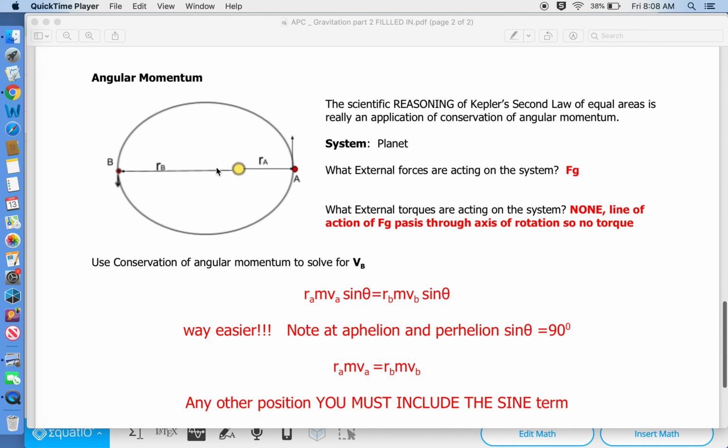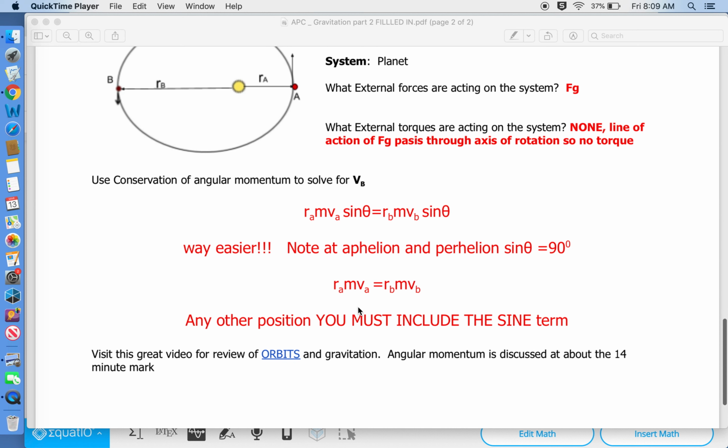So if I look at angular momentum, the only force acting on my system, if my system is just the planet here, is that gravitational force pulling it towards the sun. That force passes right through the axis of rotation, so there's no net torque. By definition, no net torque means angular momentum is conserved. So the equation for angular momentum is much simpler than looking at conservation of energy.